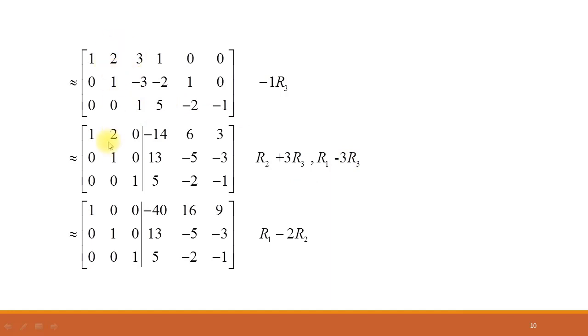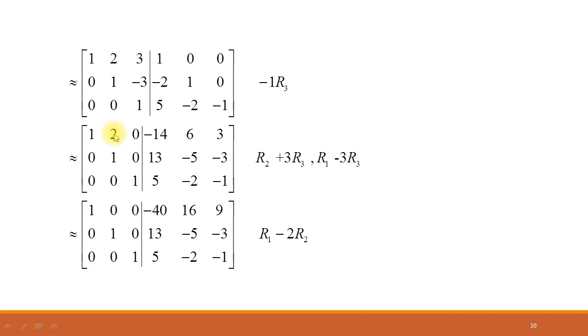Now this matrix will be 1 2 0, 0 1 0 and 0 0 1, and on the right side, after these operations, minus 14 6 3, 13 minus 5 minus 3 and 5 minus 2 minus 1.